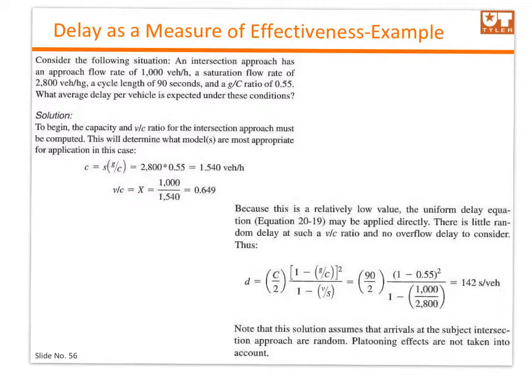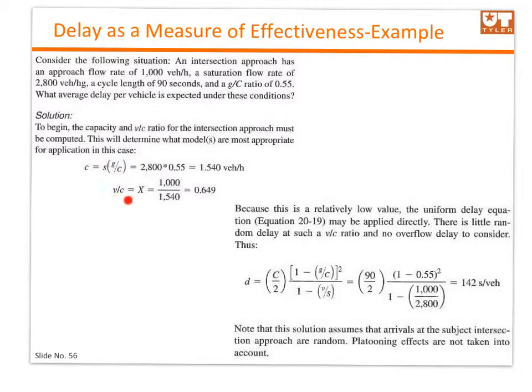As we mentioned in the previous slide, the capacity C is equal to S times G over C. S, the saturation flow rate, is 2800 vehicles per hour green, times the G over C ratio, which is 0.55, and therefore the capacity C is 1540 vehicles per hour.